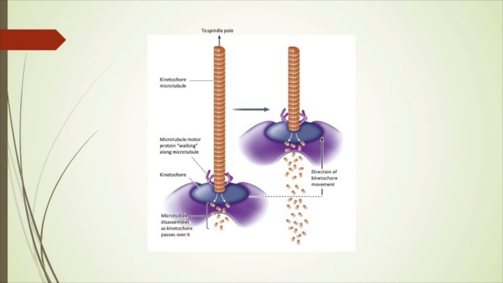So the microtubule motor protein is literally pulling it along that kinetochore microtubule, that spindle fiber. And as it's pulling it along, it's degrading more of that spindle fiber. So it's pulling it up as well as degrading that rope.